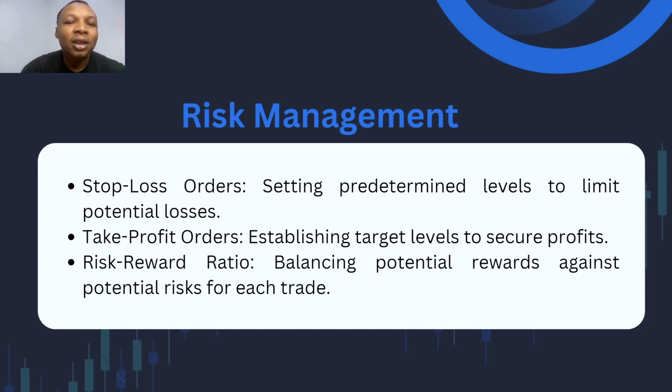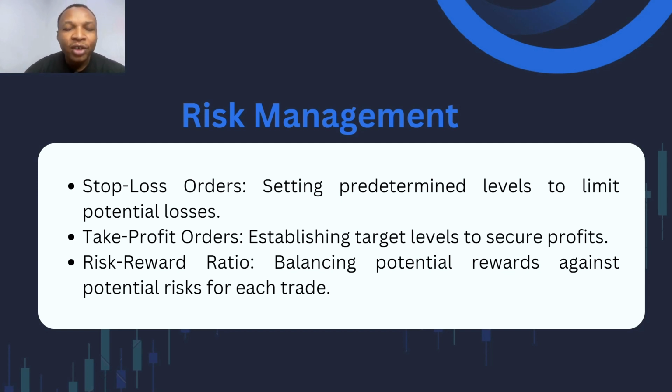If you're risking $1,000 to make $5,000, that is a risk to reward ratio of 1:5. If you're risking $1,000 to make $10,000, you're having a risk to reward ratio of 1:10. If you're risking $1,000 to make $100,000, that is a risk to reward ratio of 1:100, and so on.